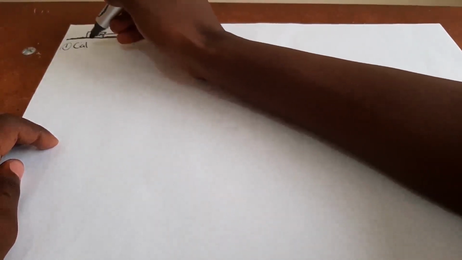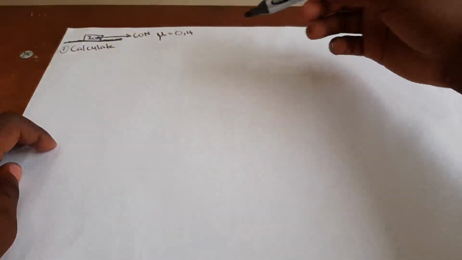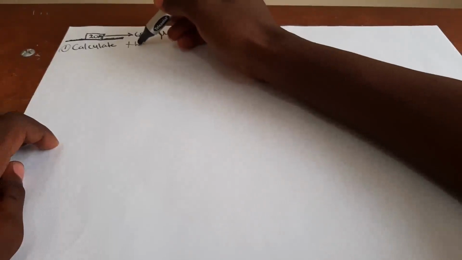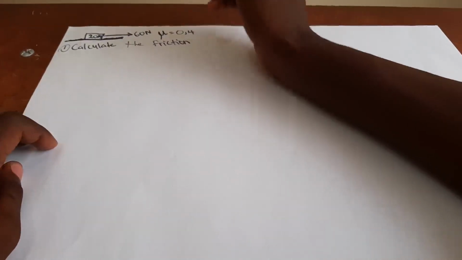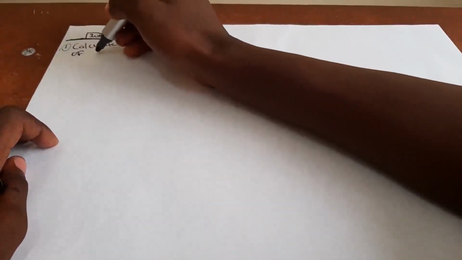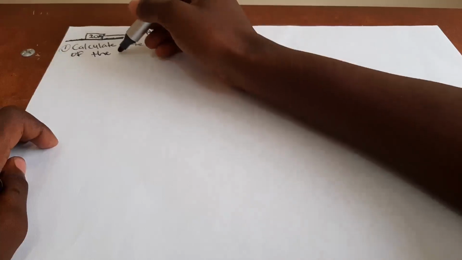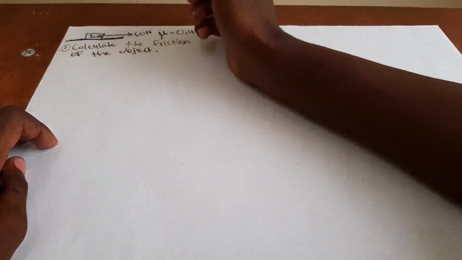So the very first question again says calculate the friction of the object, or the friction experienced by the object by moving.